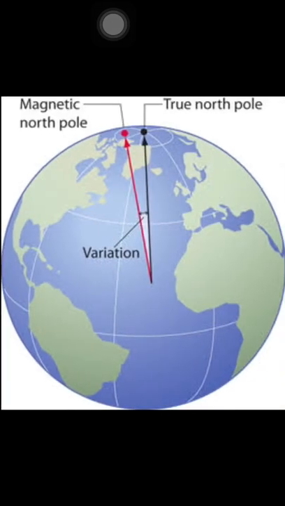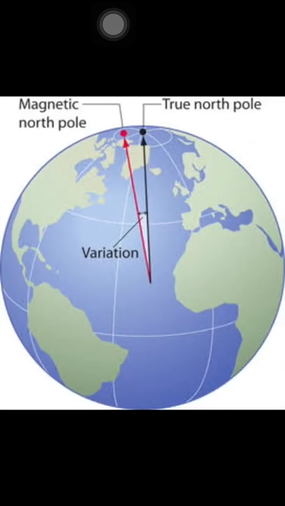Is it clear? Here you can see the geographic north pole is also known as the true north pole, and there is a magnetic north pole. The magnetic north pole is 700 miles away from the true north pole, or the geographic north pole. Is it clear?